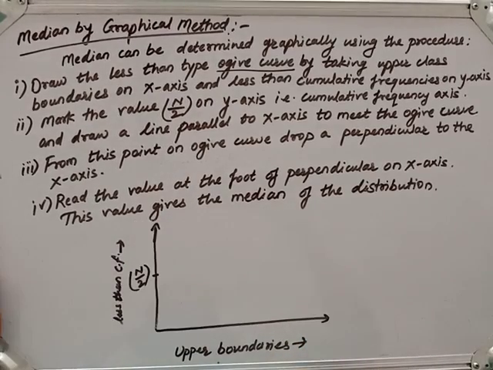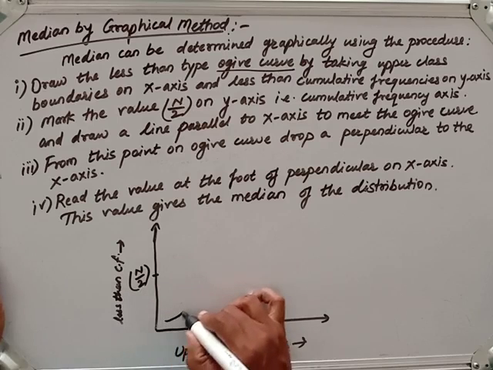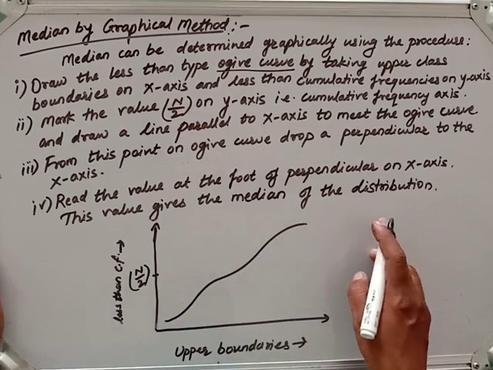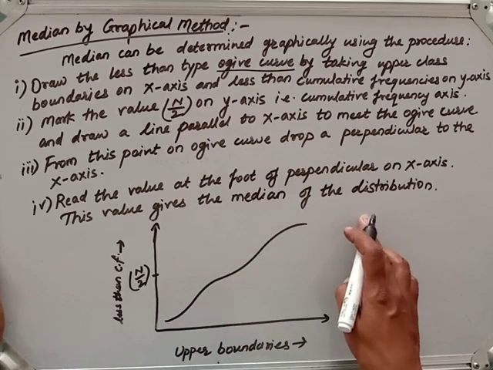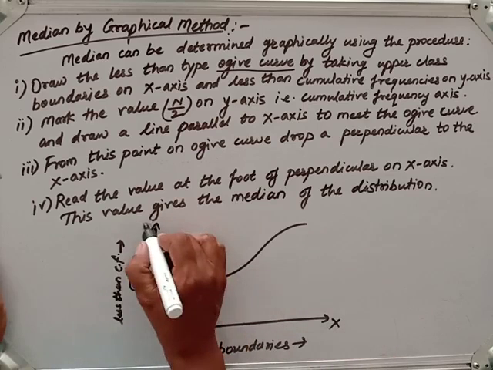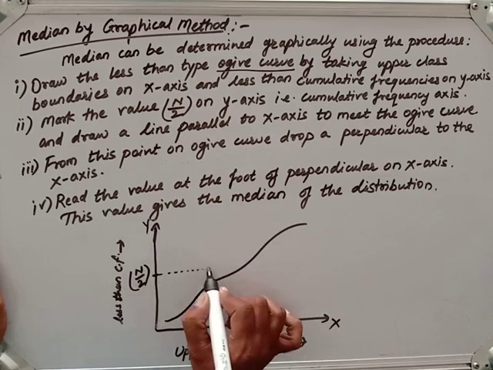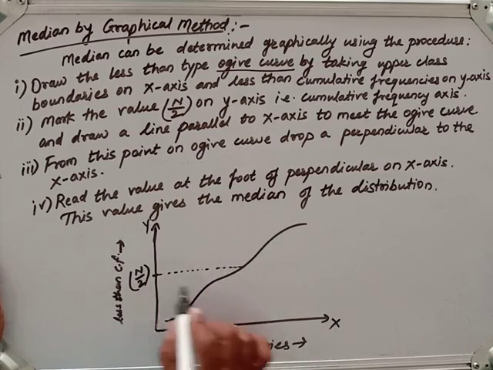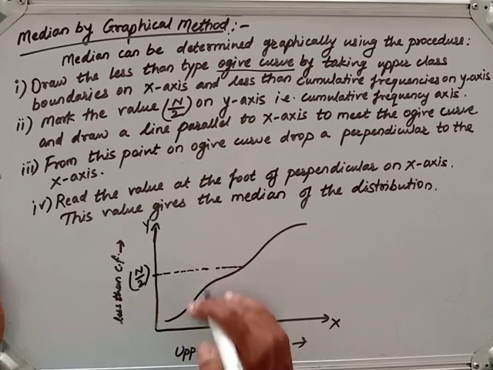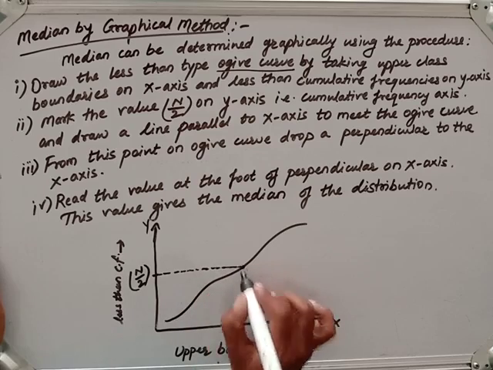So suppose here n by 2 is there and our less than frequency curve is as such. We know the less than ogive curve is in increasing order. So now we have to draw a line parallel to the x-axis here. It will meet somewhere at this ogive curve.